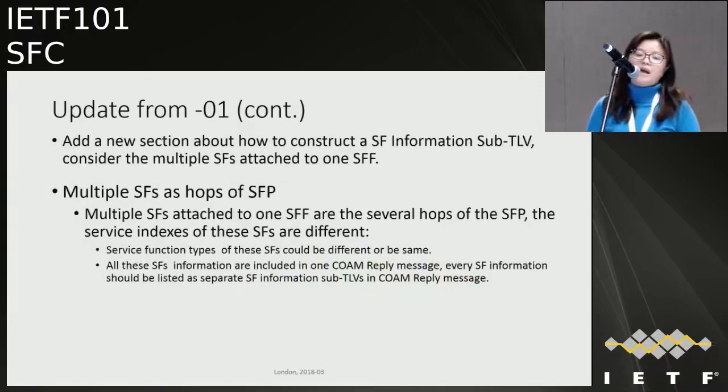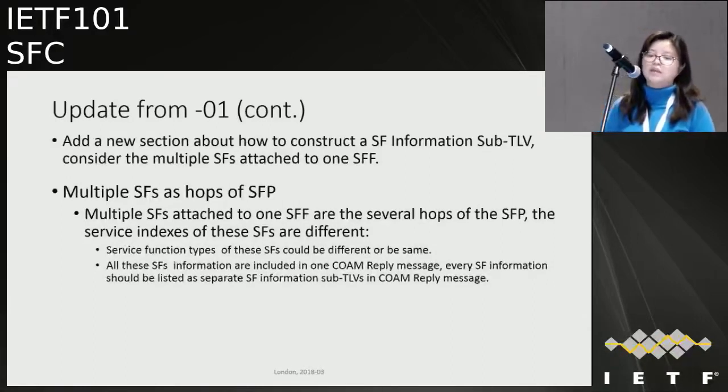Another part, we add a new section about how to construct a service function information sub-TLV. In this section, we mainly analyze the situation where multiple service functions are attached to one SFF.